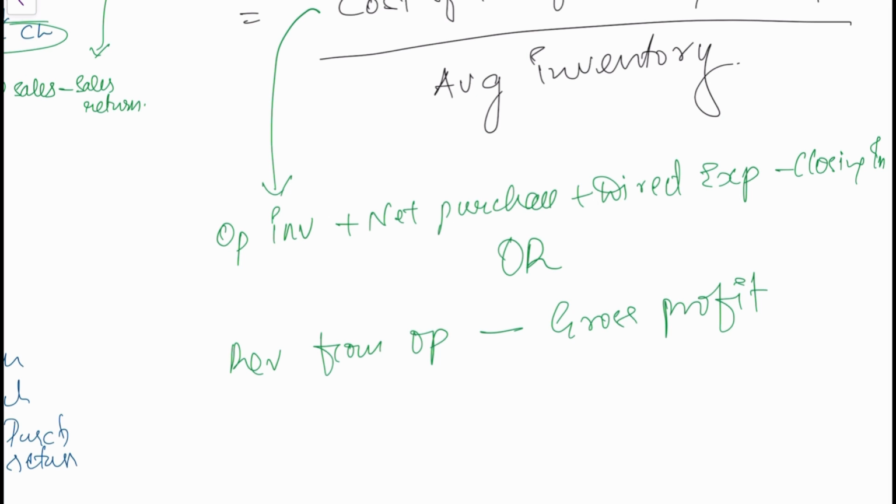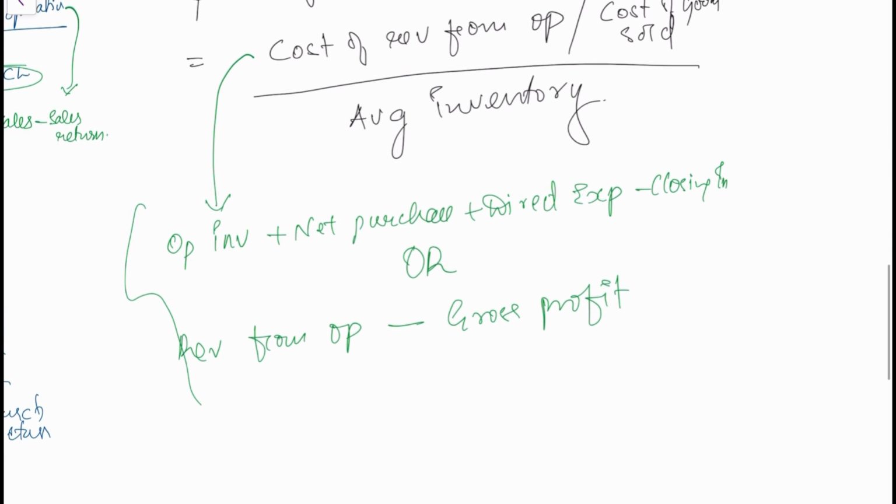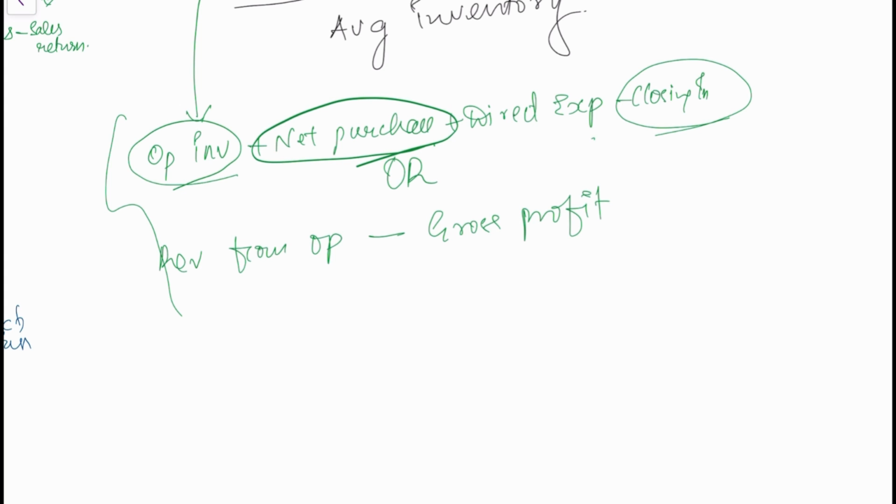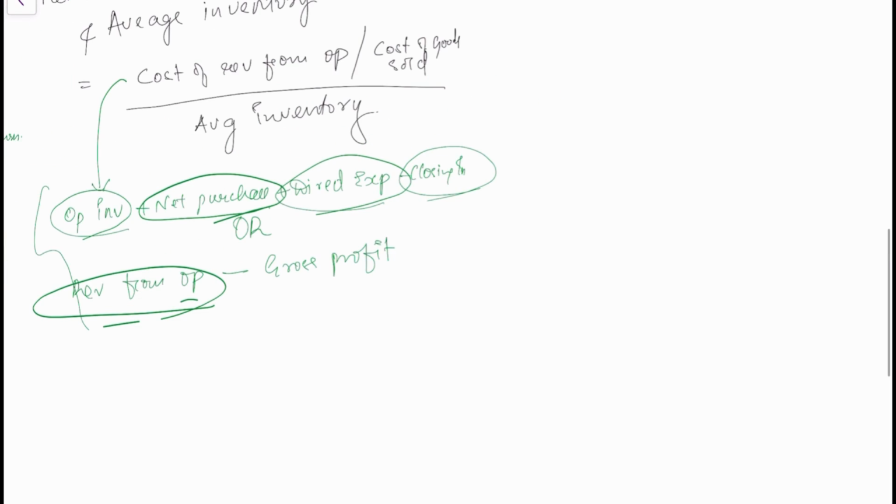Okay, so there are two formulas to calculate the cost of goods sold or cost of revenue from operation. The first formula is in terms of inventory. So we have to take opening inventory, then reduce the closing inventory, then add the net purchase, then add the direct expense, then you will get the cost of revenue from operation or cost of goods sold. Then another formula is we have to reduce the gross profit from the revenue from operation.